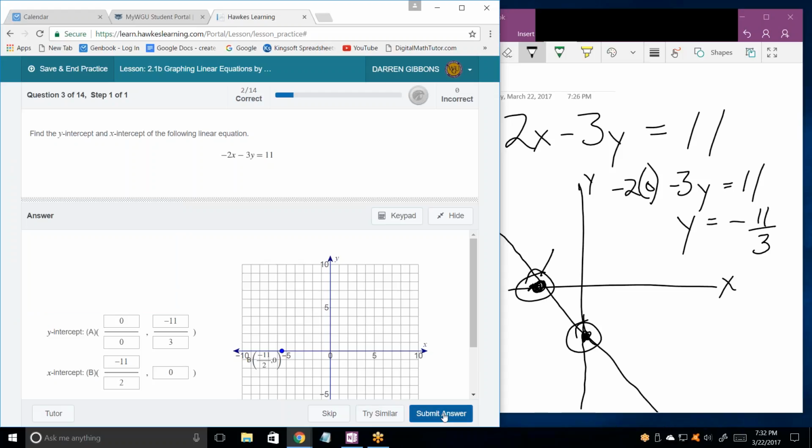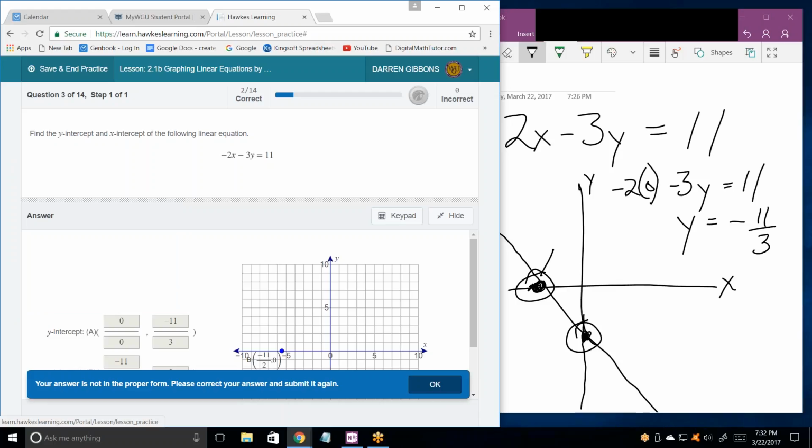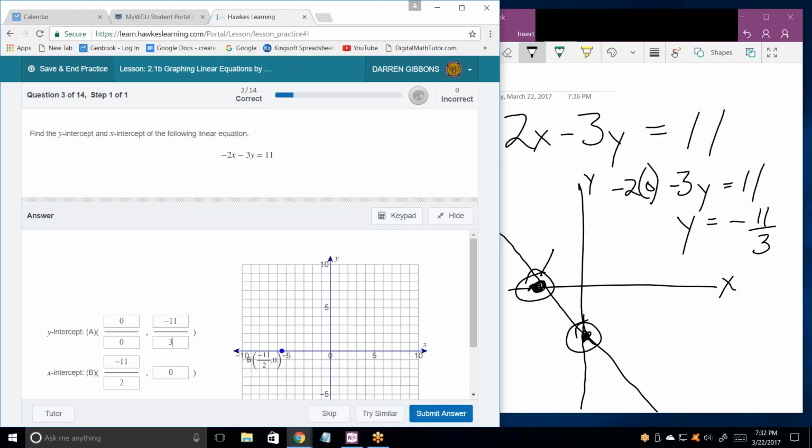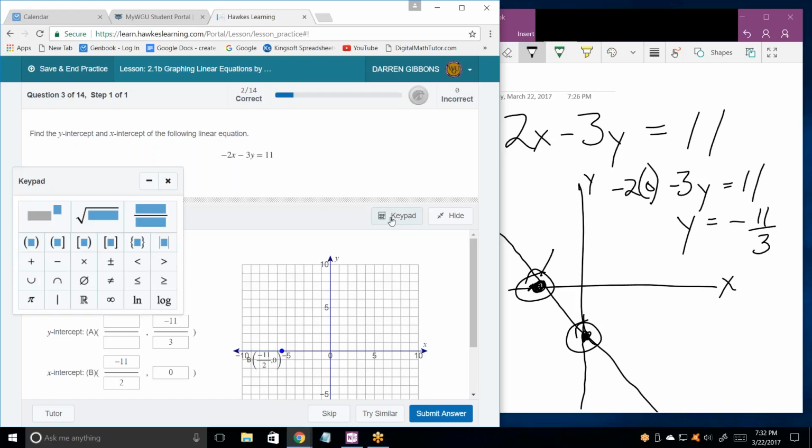Now watch it not like this answer because I got 0 over 0. So if you go to the x on the y-intercept, click on the 0 and go back, use your backspace or delete it. Like that. Try that. Now I go back to keypad. What do I want to push here?